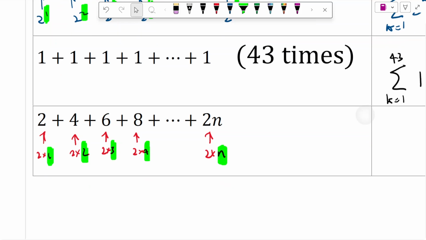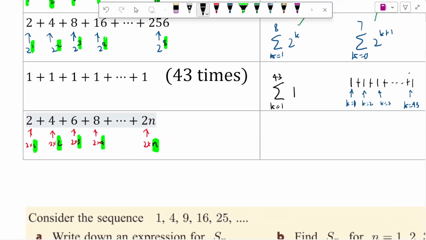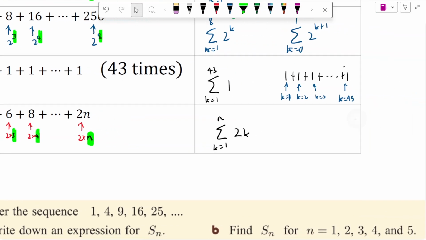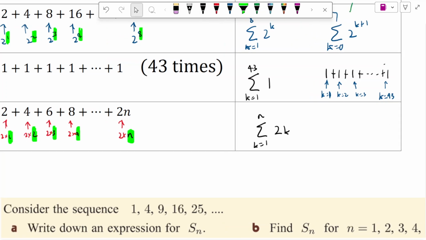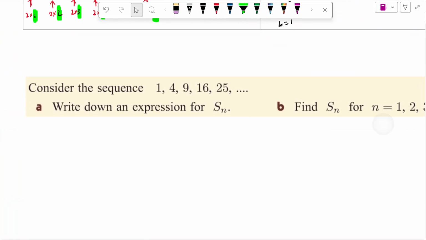So in this case, the number is just the number times by 2. So this sum here will be 2k from k equals 1 to n. Sometimes people use i instead of k. I tend to avoid that just because i is already used in math elsewhere, so we try not to use that if we can avoid it. All right, Sn.